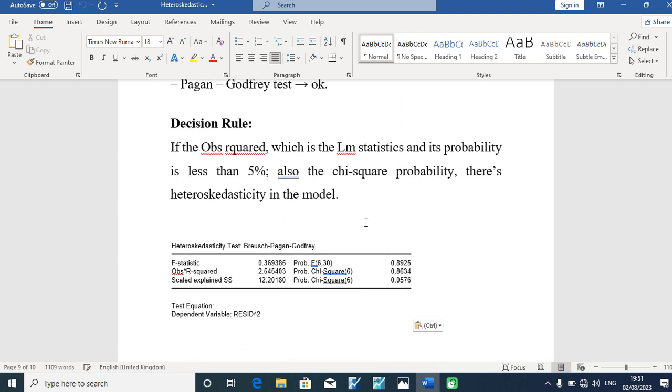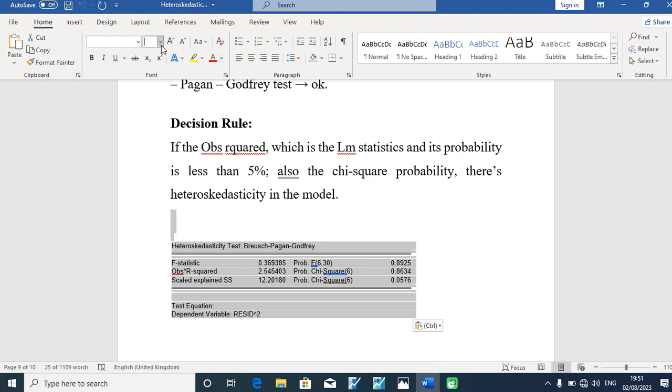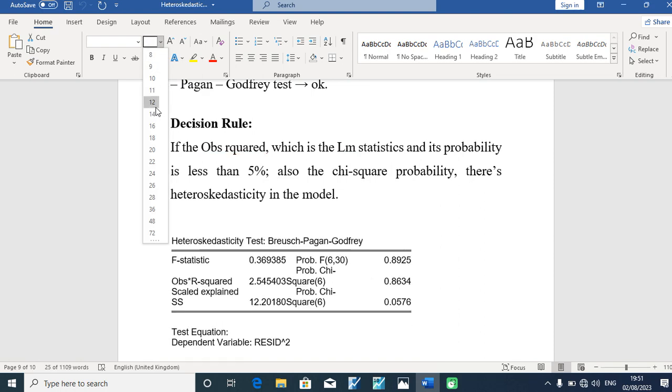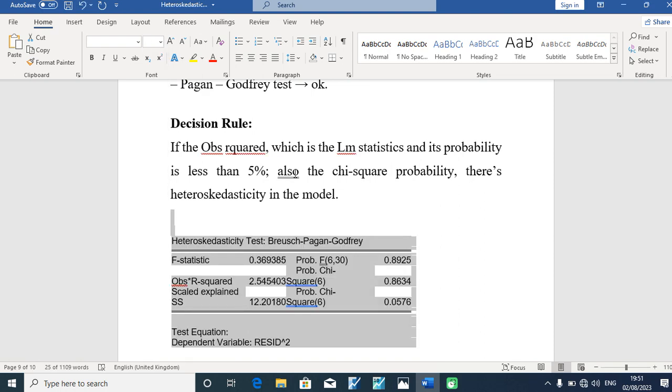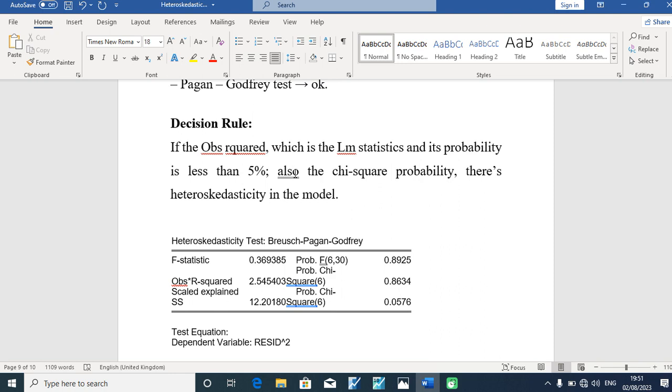So this is the new result I just got now. This result is different from the previous one because the p-values of this result are different from the p-values of the previous one. The F statistics is smaller. The p-value is 85%. The observed R-squared is also smaller. The p-value is 86%.